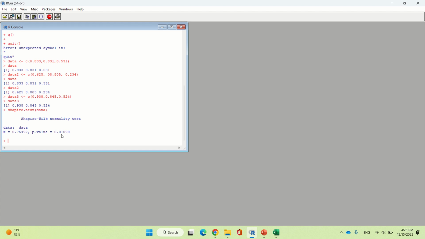Now please make the vector and assign the variable.